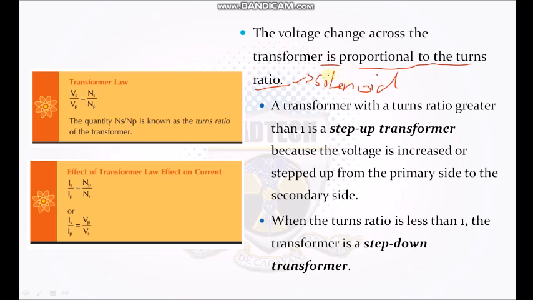So you have here VP over VS equals NP over NS, where V is the voltage and N is the number of turns. This is the turns ratio.